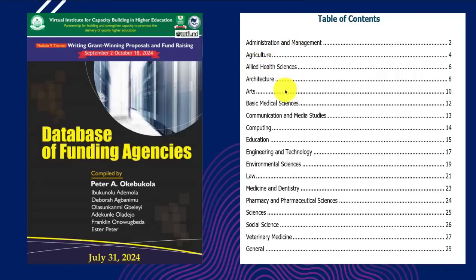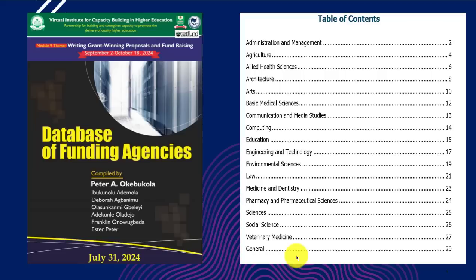The National Universities Commission has what we call 13 disciplines. These are clusters of knowledge areas: administration and management, agriculture, all the way to veterinary medicine, in alphabetical order, and then a general one. So what we have done is to bring together a one-stop shop of all these funding agencies, at least the ones that we were able to extract, and we have this document which we're going to share with all of you.